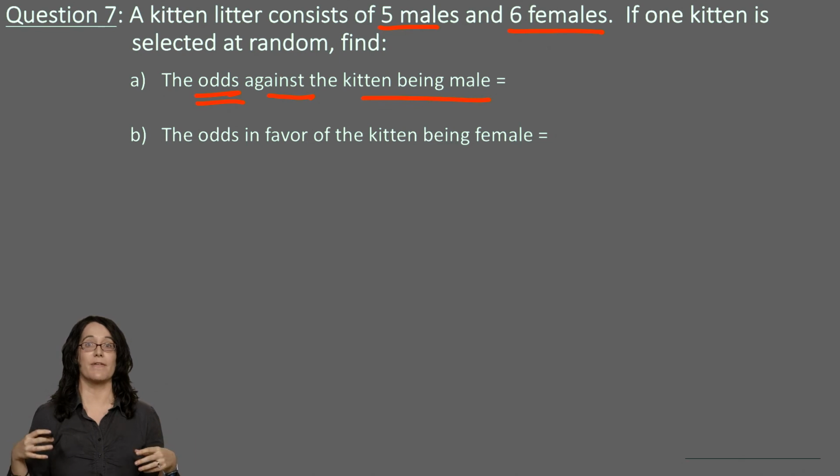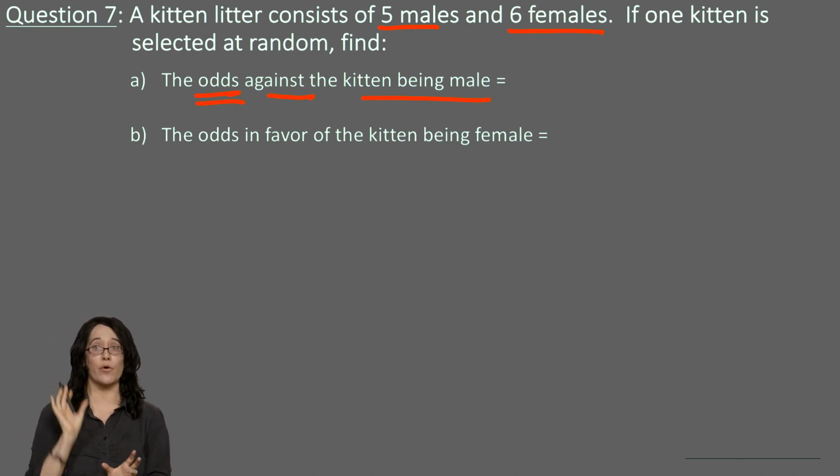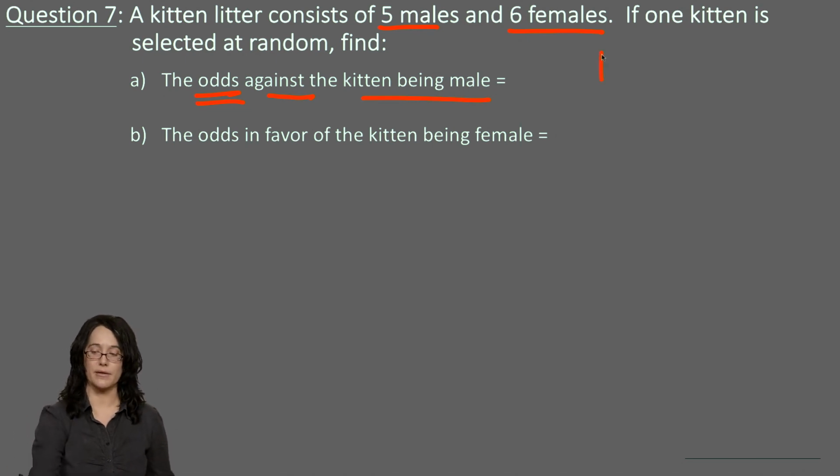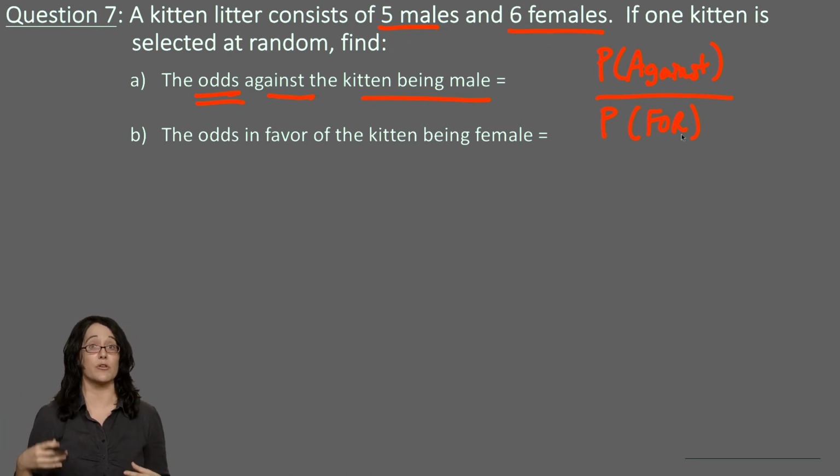We said that to find odds against, you could do it by using a ratio of one fraction over another, right? You could say the probability against, or not in favor, and then you could say the probability for. This is using the language of against and for, but you're welcome to use not in favor and in favor as well.